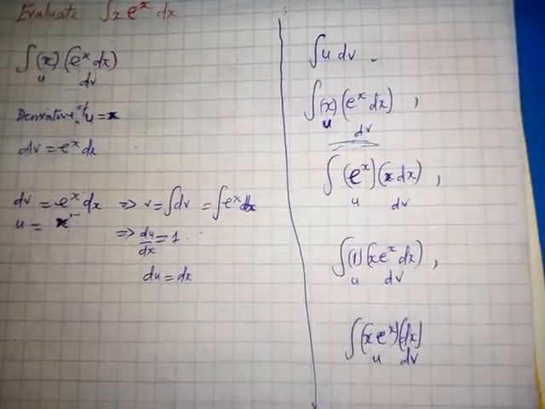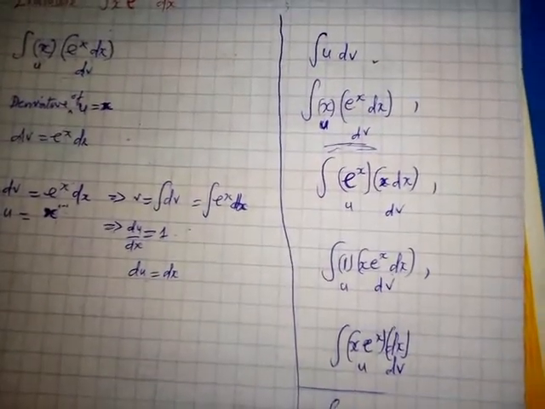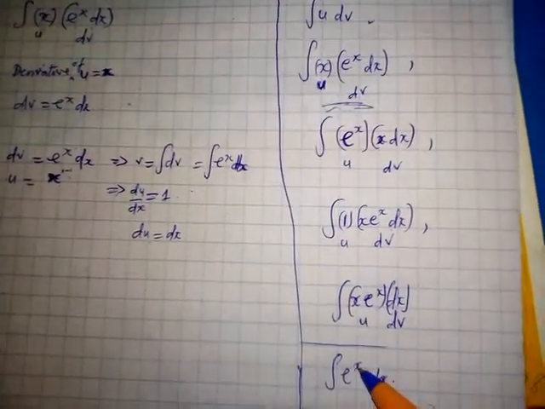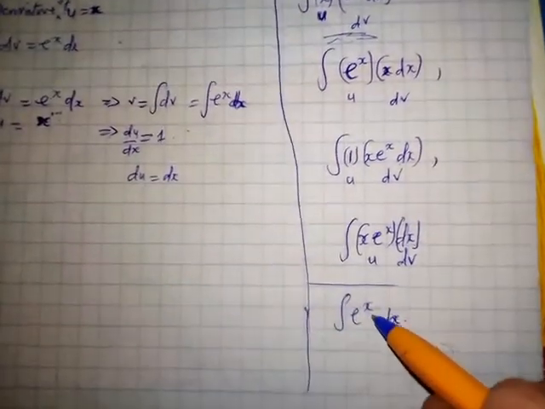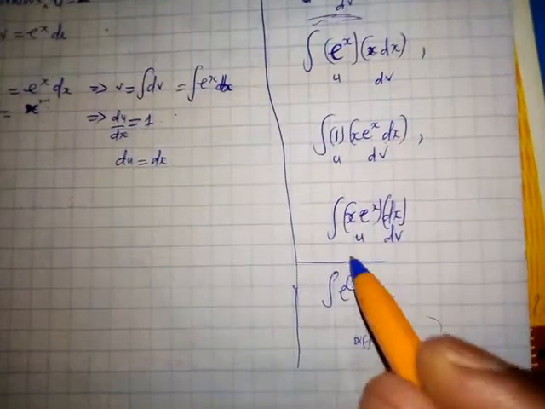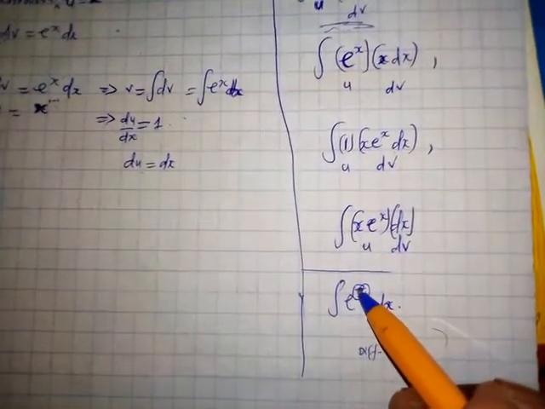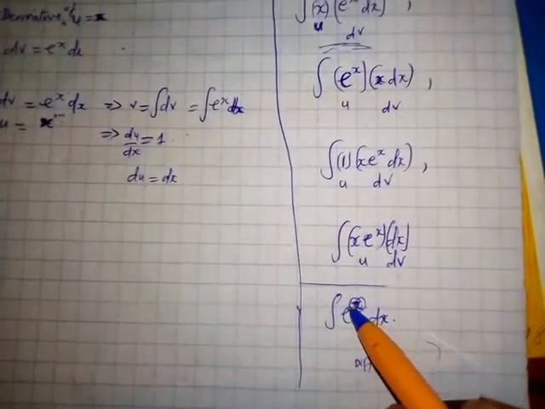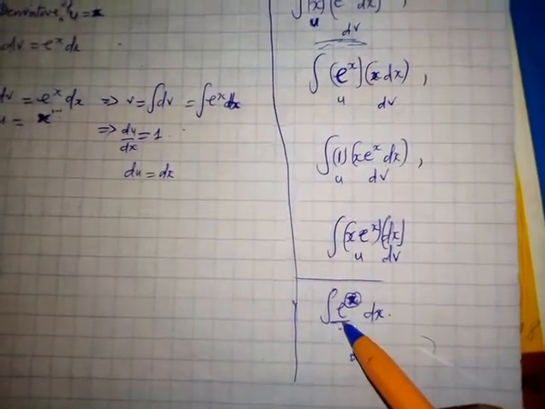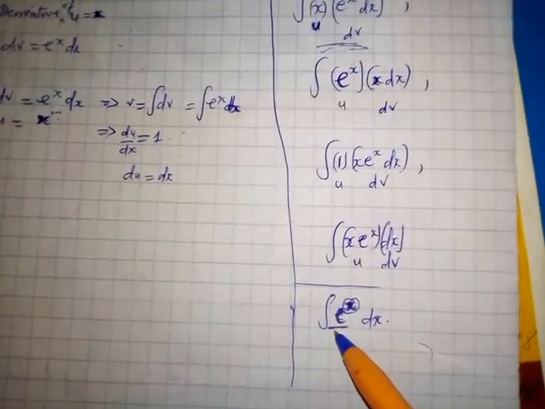For integration of an exponential, we differentiate the power, and then we divide the exponential by that answer.